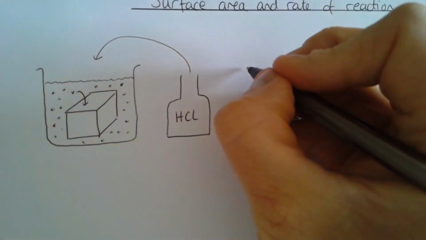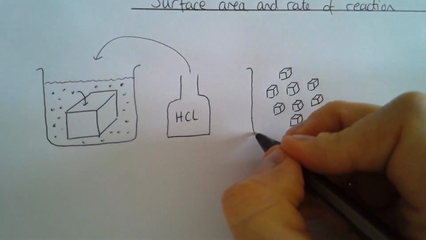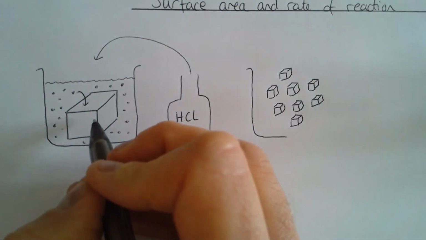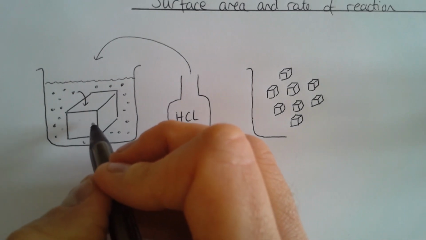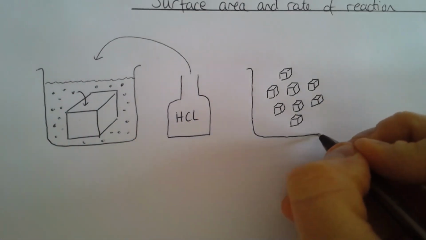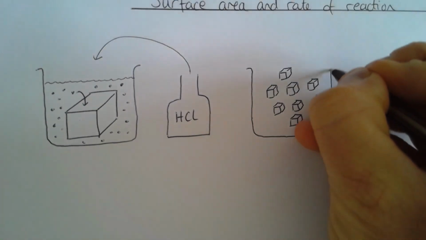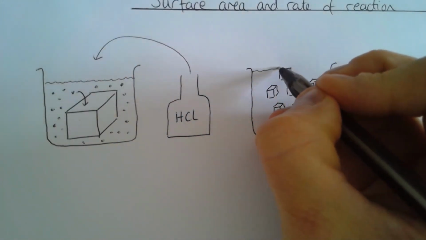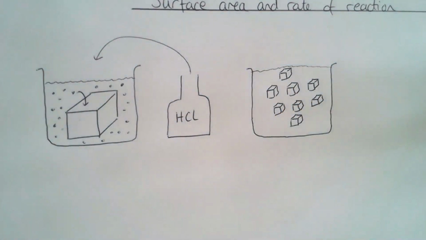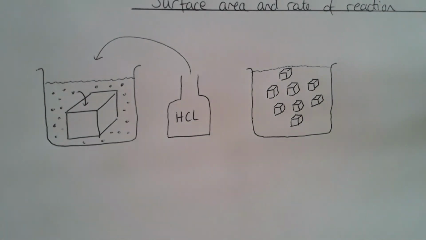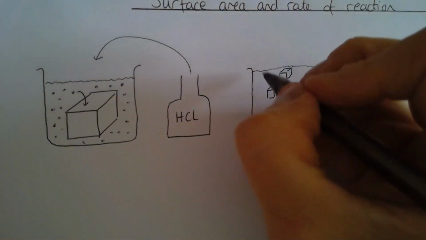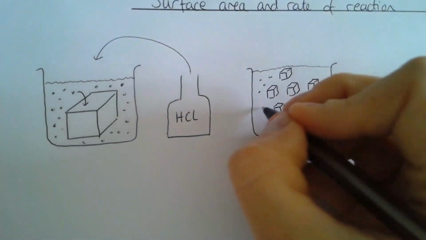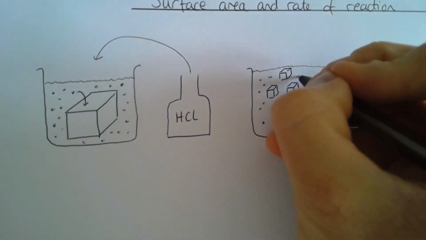I'm going to put those 8 smaller cubes, which is the same amount, the same volume, the same mass of marble chip, in a beaker with hydrochloric acid. So we're going to have lots of hydrochloric acid particles in here.